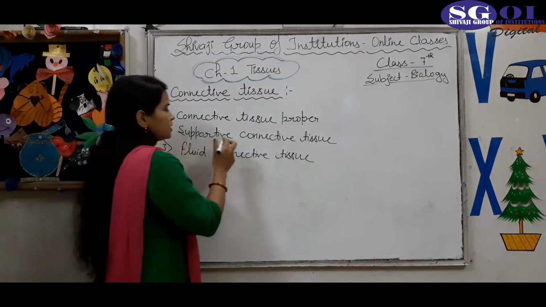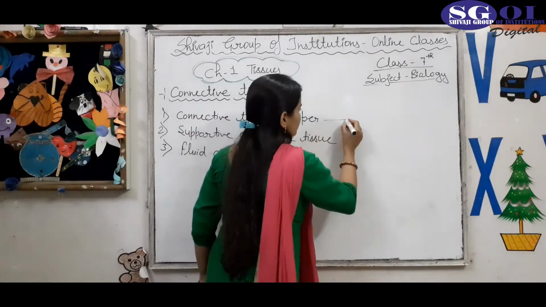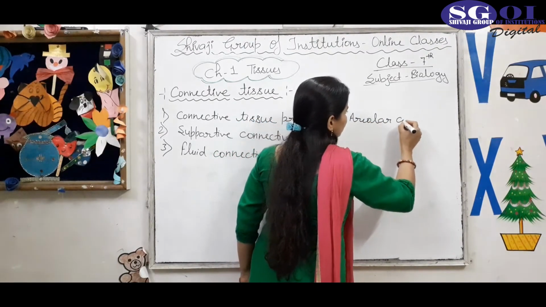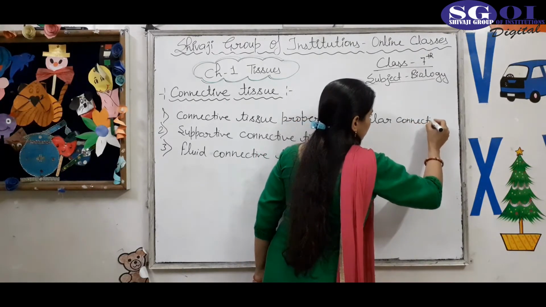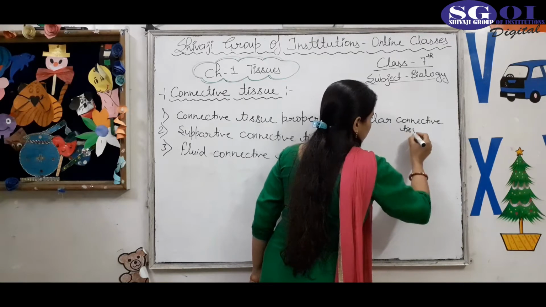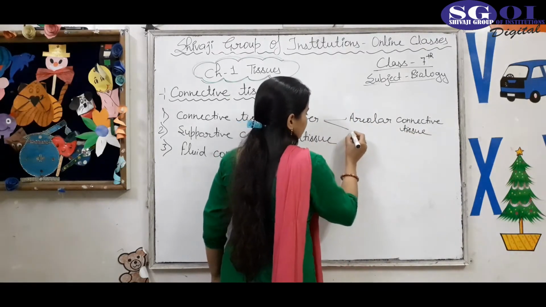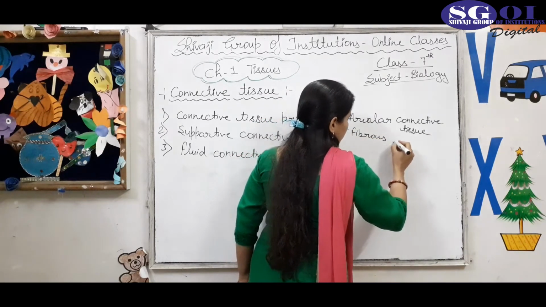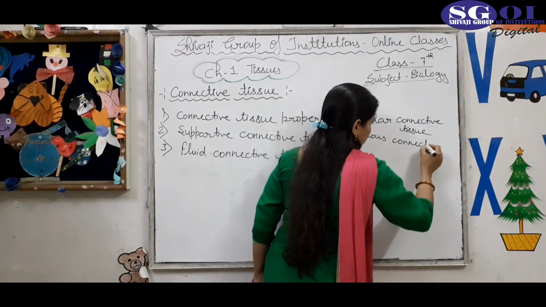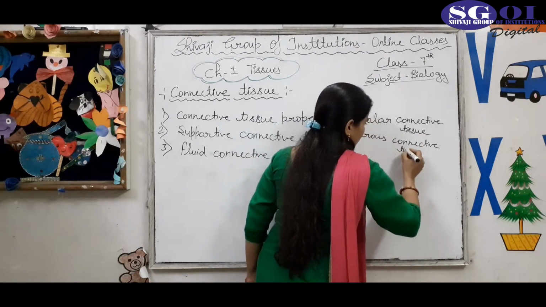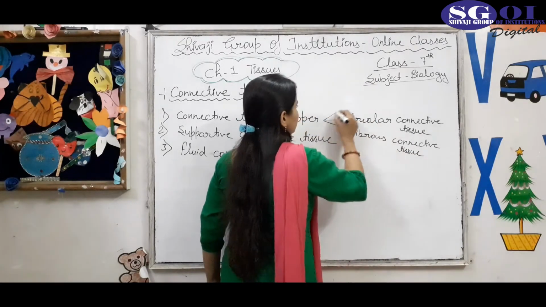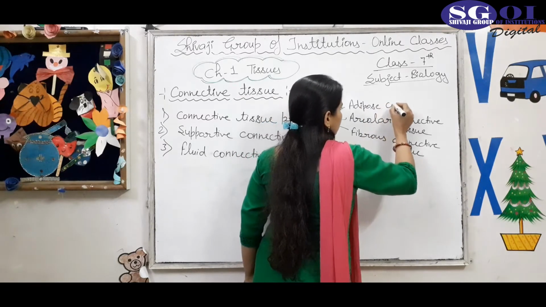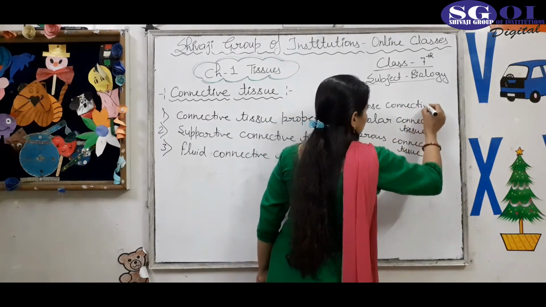Connective tissue proper is of three types. First is areolar connective tissue, second is fibrous connective tissue, and third is adipose connective tissue.